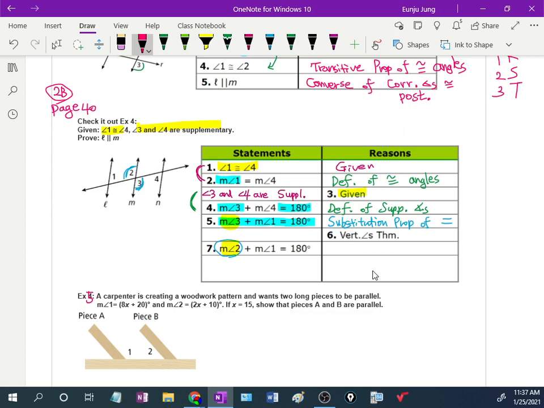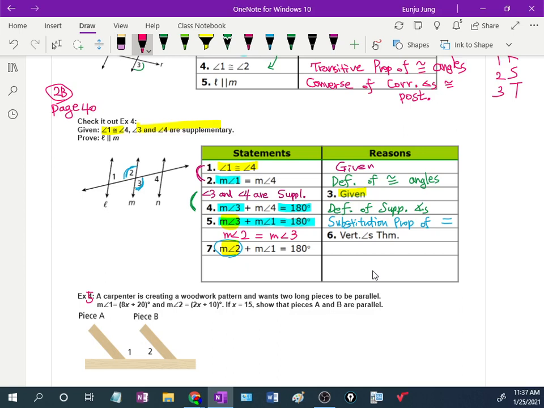So by using vertical angles congruence theorem, I can say measure of the angle 2 is same as measure of the angle 3. Instead of using a congruence statement, I use the equal sign between the measures, the numbers, so I can use the next step quickly. What would be the reasoning to state this one from 5th to 7th?